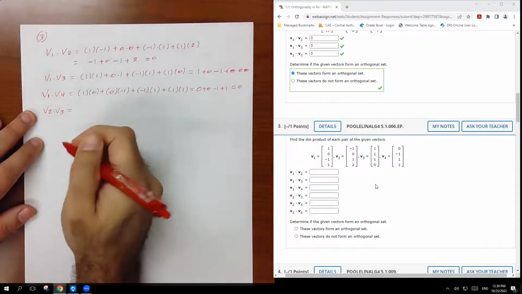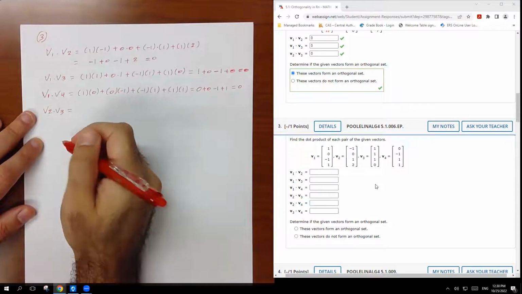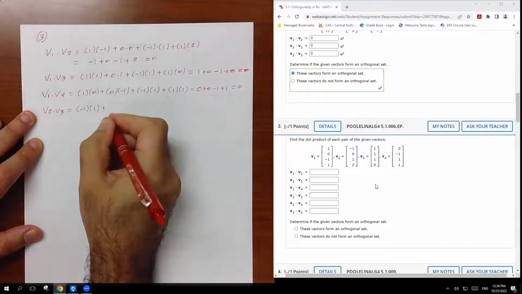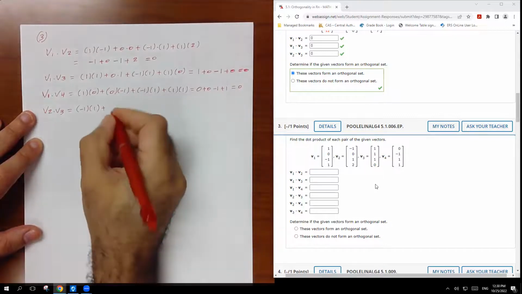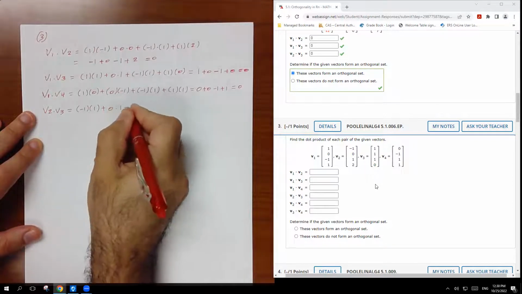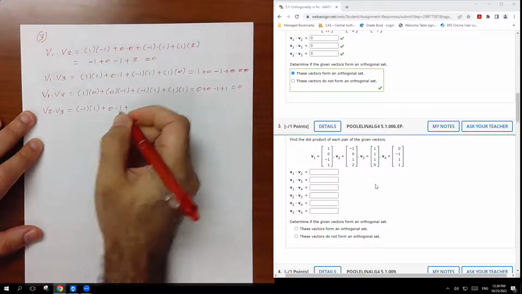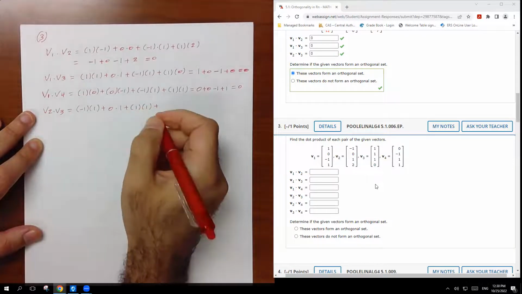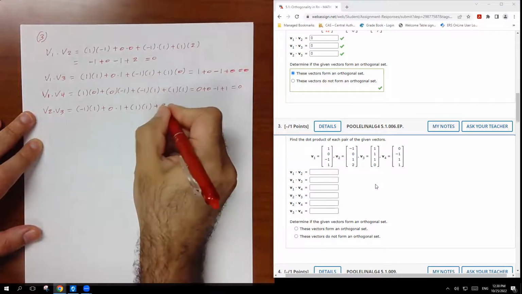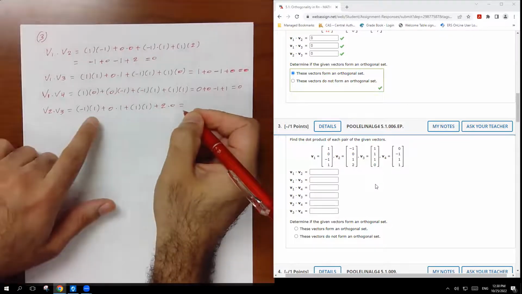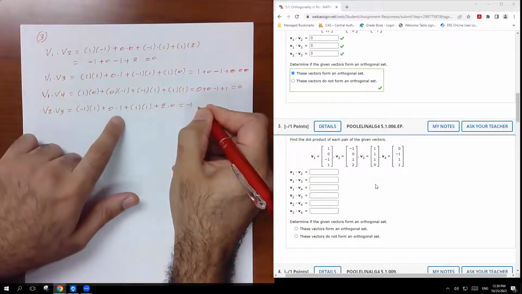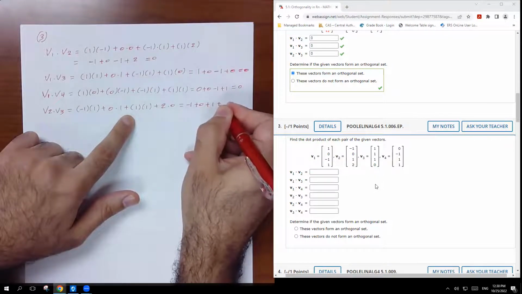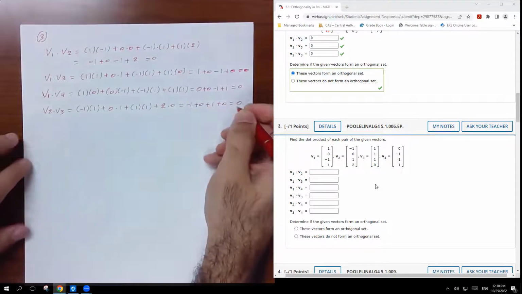So V2 is going to be -1 times 1 plus 0 times 1 plus 1 times 1, and the last one is 2 times 0. So this is -1, this is 0, plus 1, plus 0, and the result is going to be 0.